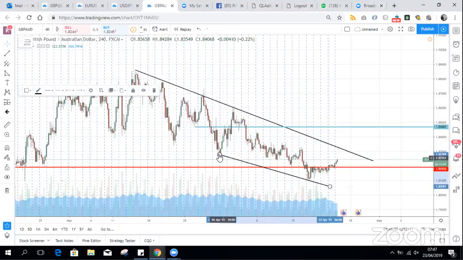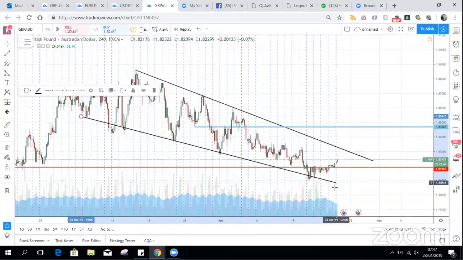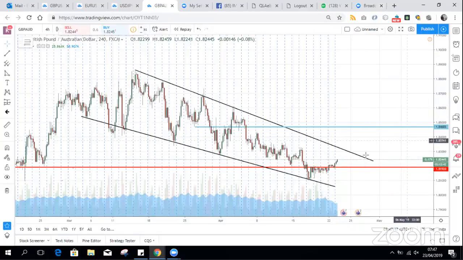This still has some down movement to get to. So see the price action. Again, a relatively huge range. Obviously, nothing on here for now.